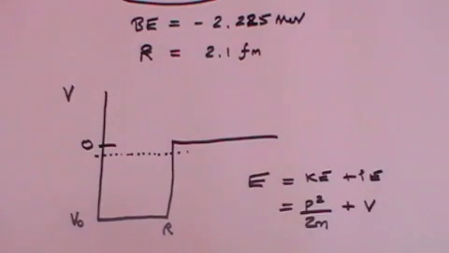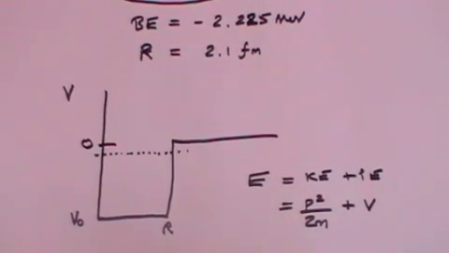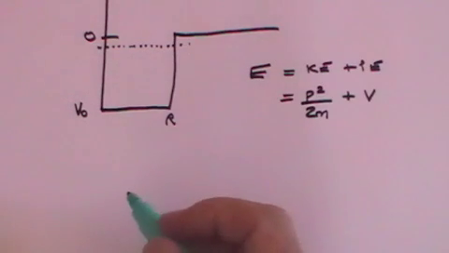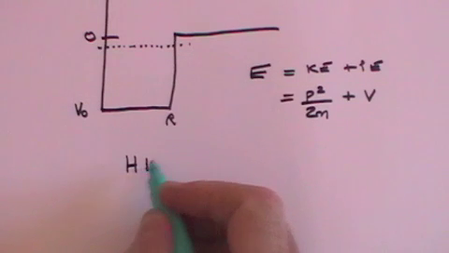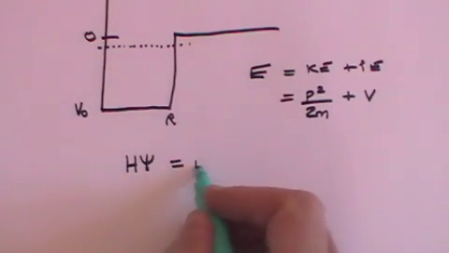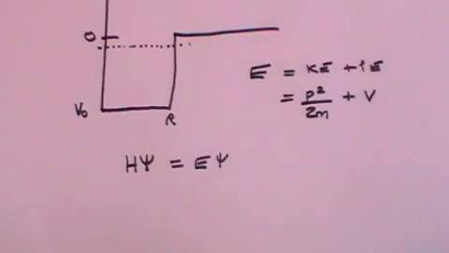And in my videos on the quantum mechanics playlist, you will find, I think the very first one I did, which was a simple derivation of the Schrödinger equation, shows how you can take this equation, p squared over 2m plus V, and convert it into the Schrödinger equation, which at its simplest says that H times psi is equal to E times psi.